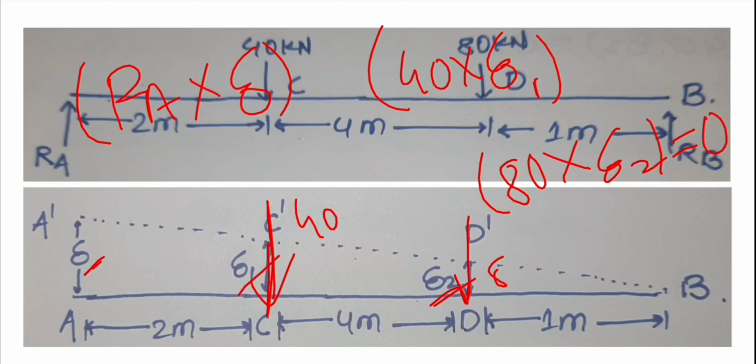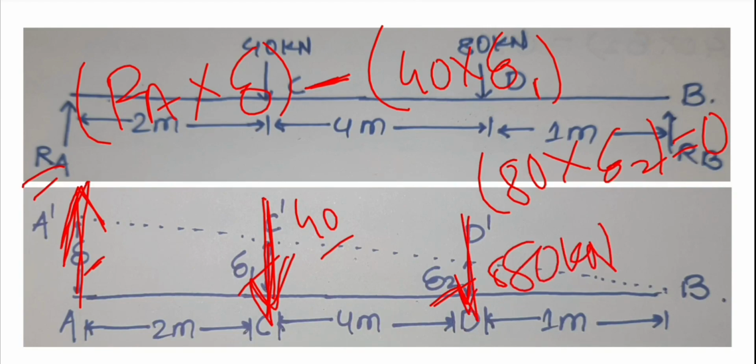But the displacement here is in upward direction. Because RA is in upward direction, the displacement is upward. This 40 kilonewton is in downward direction, so this will be minus. Here the 80 kilonewton is in downward direction, so this will be minus. Why? Because displacement is upward and the force downward, so minus.